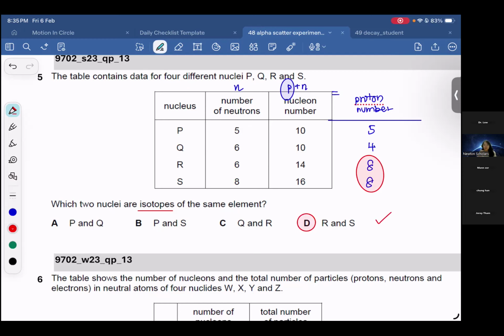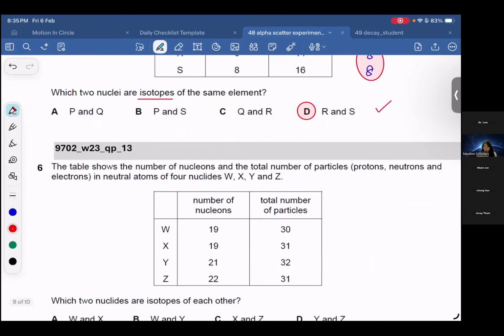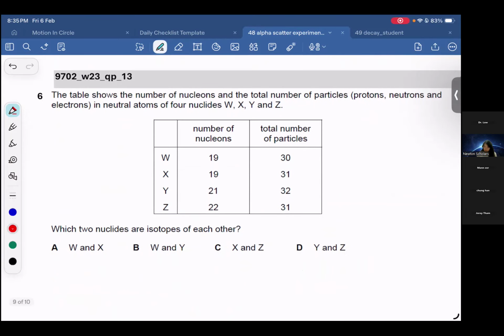Okay, so you need to do some calculation. Okay, question number 6. This one settled. I move down. Okay, here. Can you try again? Which two nuclei are isotopes of each other?